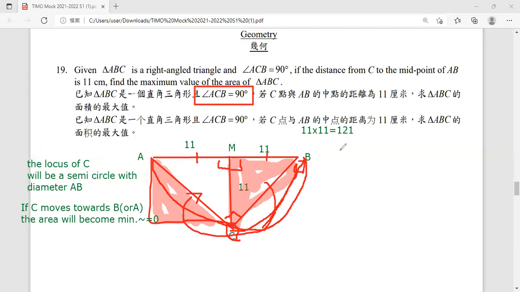The maximum area is attained when C is at the middle of the semicircle, which becomes a right angle isosceles triangle. But you can do some cutting and pasting, and you will find actually it's a square of side length 11. So the area will be 121.